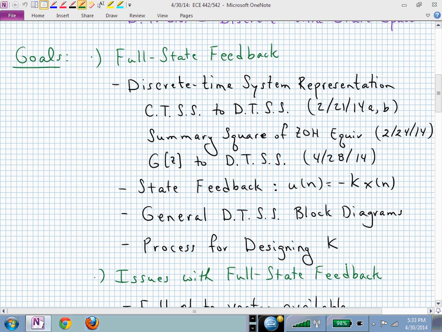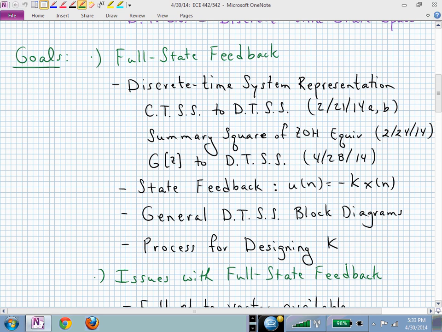Somebody might give you a transfer function in the S domain or the Z domain. If you're given the S domain G of S as the plant, one way to do that would be to get the zero order hold equivalent of G of S to get a G of Z. And in the last lecture, we talked about going from G of Z through a block diagram to a state space representation.